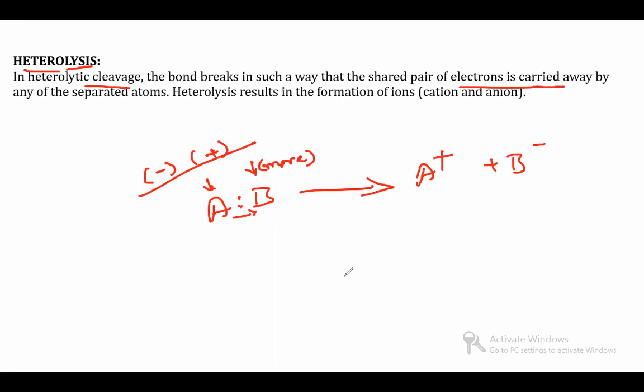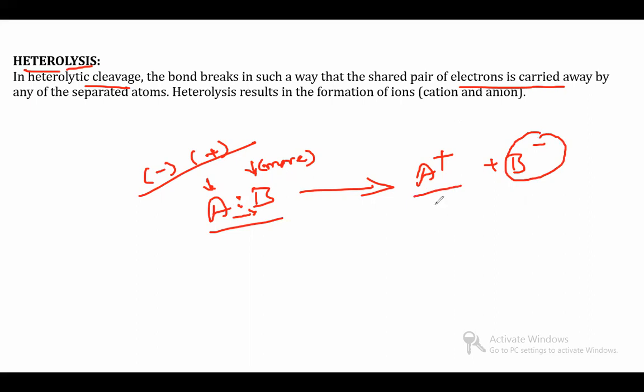Why will this separation take place? Because out of the AB molecule, the B atom is more electronegative than A. Electronegativity is the tendency of dragging the pair of electrons towards itself. If B is more electronegative than A, it drags the pair of electrons towards B, so B forms a negative charge, B minus, and A has a positive charge, A plus.